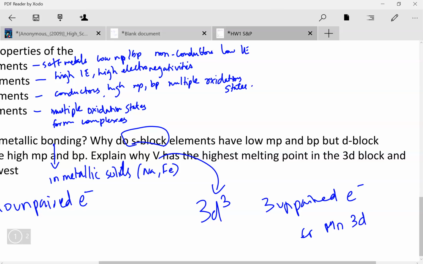But because 3d5 is stable, the electrons are not as free as in 3d3 vanadium. So this is the highest melting point and boiling point, because this is the highest number of unpaired electrons that are completely free from the atom.